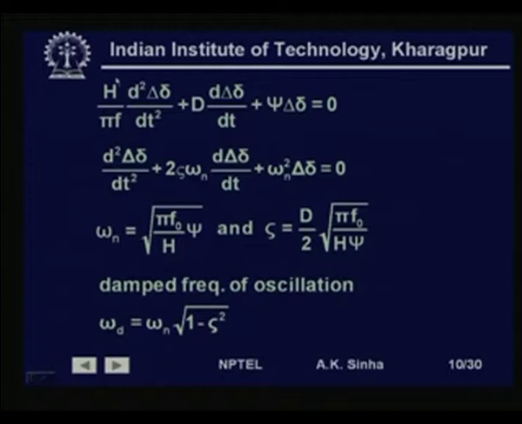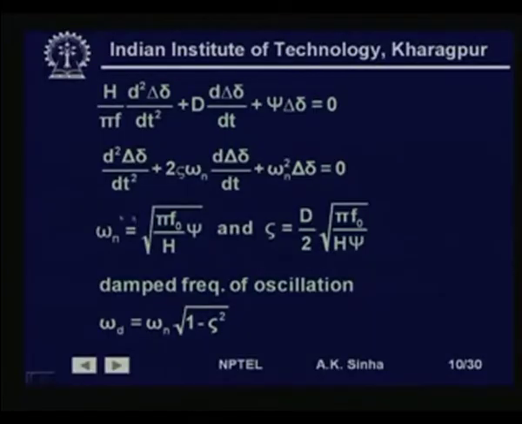Now, this expression can be written in a standard form like this, that is d2 delta delta by dt2 plus twice zeta omega n d delta delta by dt plus omega n square delta delta is equal to 0. This is a standard form of second order differential equation for analyzing the dynamics of a linear system.